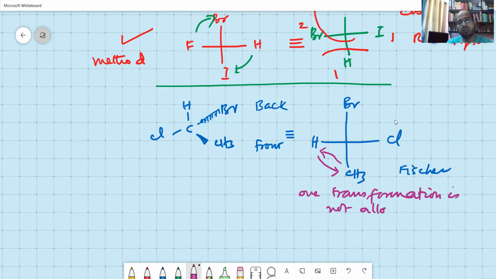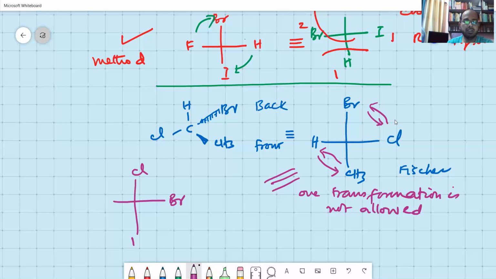You have to make two transformations, and this you have to change. When you do this, you get a structure like this: Cl here, Br here, H here, and CH3 here. When you have CH3 there, this is the fourth, last priority.